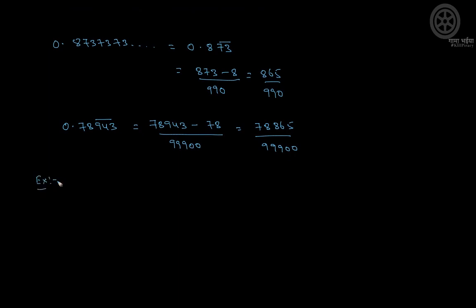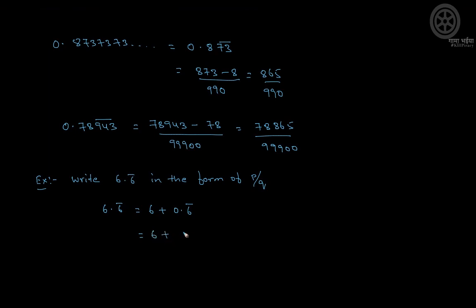We will do one more example, right? Write 6.6 bar in the form of P by Q. How do you need to do it? 6.6 bar means 6 plus 0.6 bar, right?